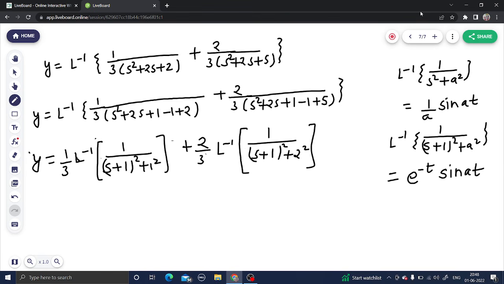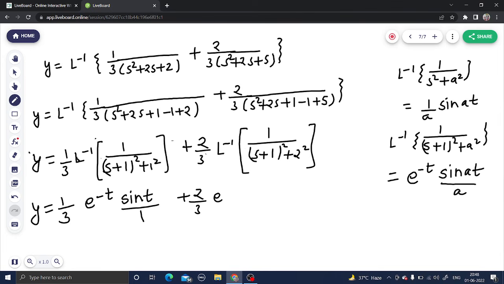Okay, fine. So y equals 1 by 3 times e power minus t sine of 1t, which is t, divided by 1, plus 2 by 3, again e power minus t sine 2t divided by 2.